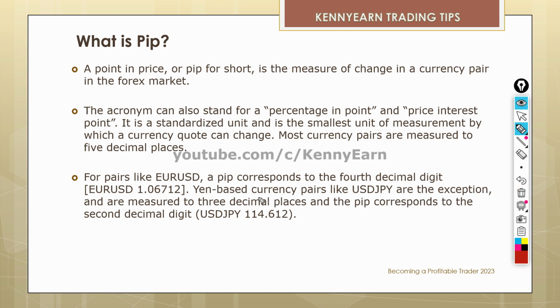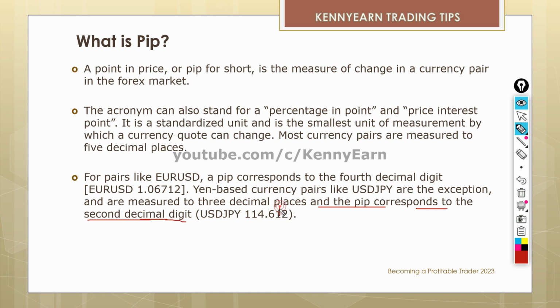Then the yen-based currency pairs like USD/JPY are different in their decimal and pip calculation. JPY pairs are the exceptions, and they are measured with 3 decimal places, and sometimes 2. For the majority it's 3 decimal places, and the pip corresponds to the second decimal digit.